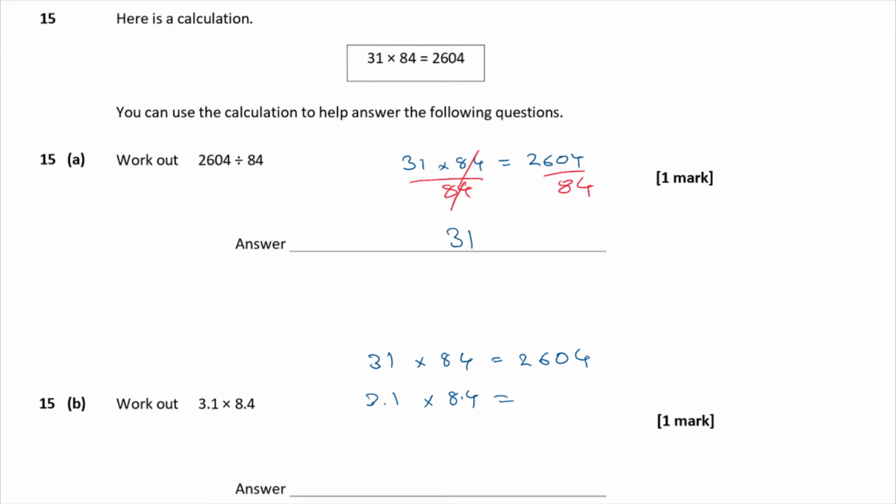So my answer is going to be 2 powers of 10 less than 2,604. So dividing 2,604 by 10, I'm going to get 260.4, and then dividing it by another 10, I'm going to get 26.04. So that's my answer, 26.04. Hope that makes sense.